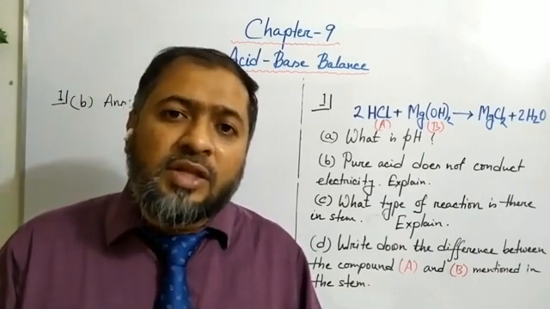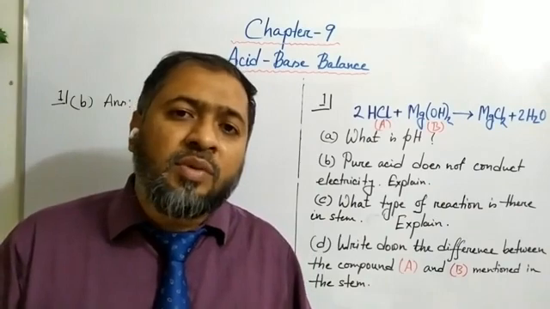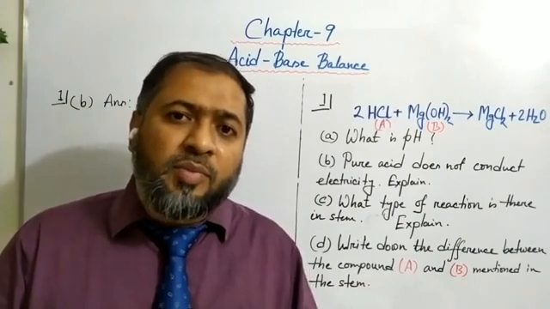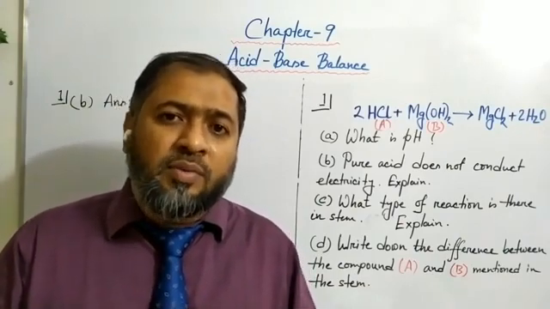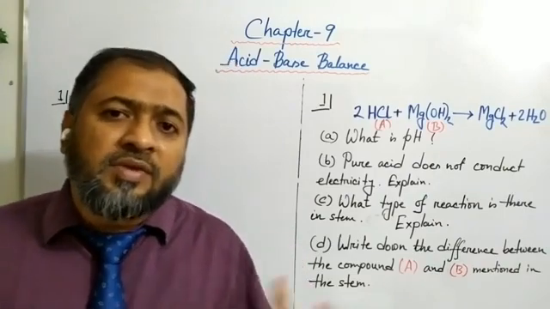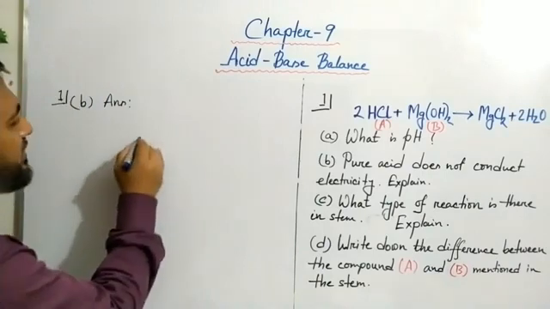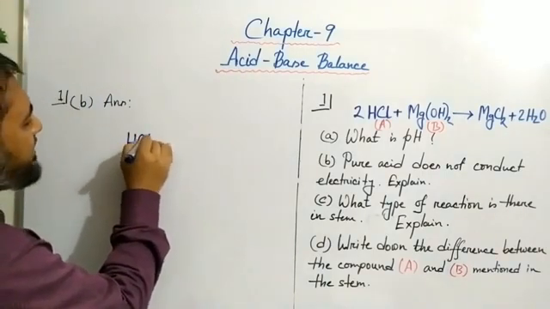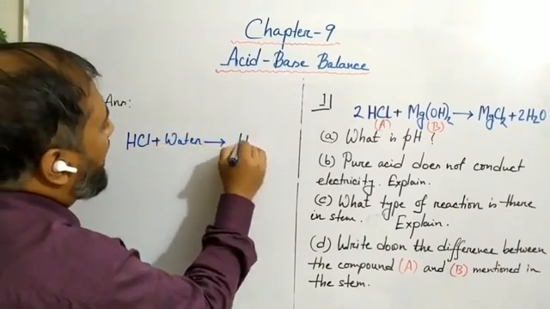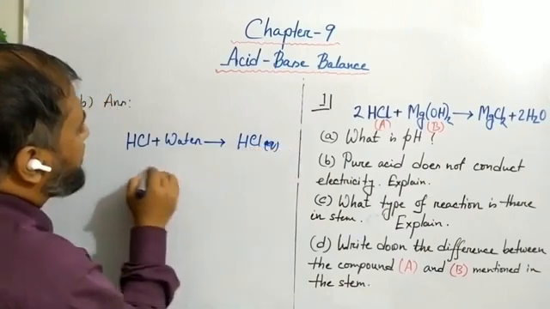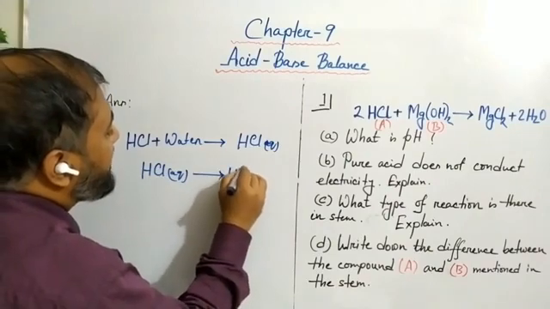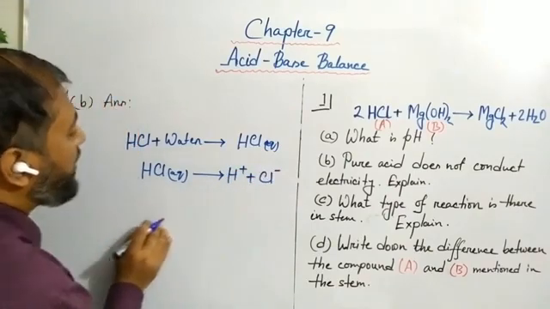So acid can only show its properties when it is added to water. Without water, acid cannot decompose and cannot produce proton ion, and without the presence of proton ion, acid cannot show its properties. I'm going to write down some examples. This is hydrochloric acid. When I add water, it produces hydrochloric acid aqueous solution, and in this solution hydrochloric acid dissociates and produces hydrogen ion and chloride ion.